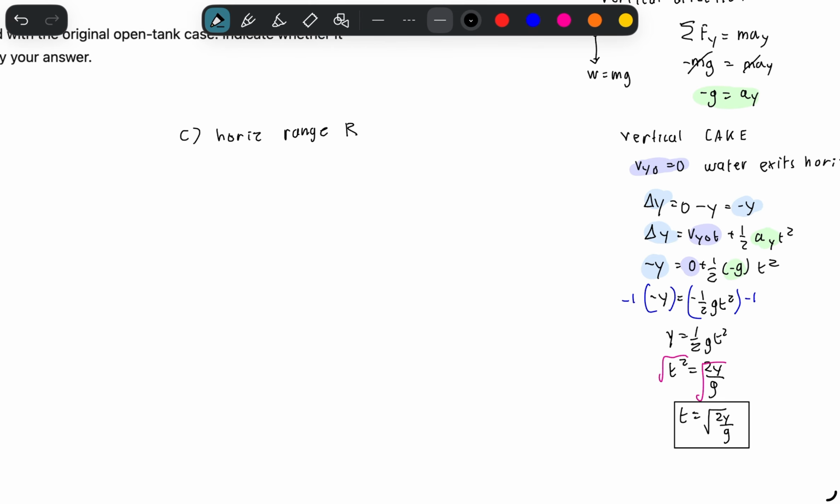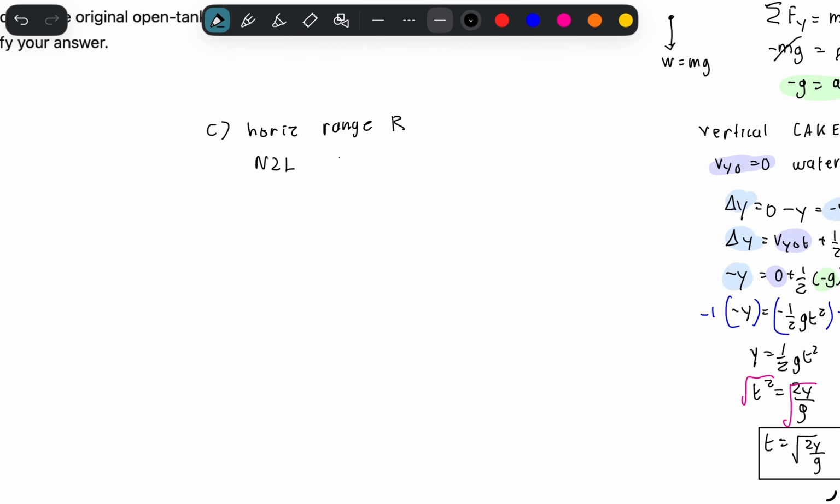So we can use Newton's second law horizontally. So ax is equal to 0. We know that horizontal speed stays constant at your exit speed.